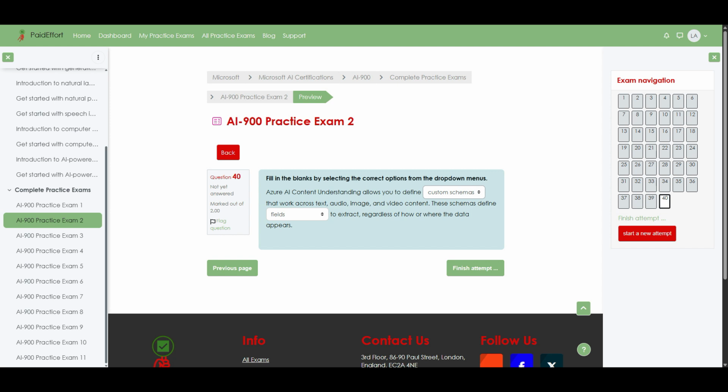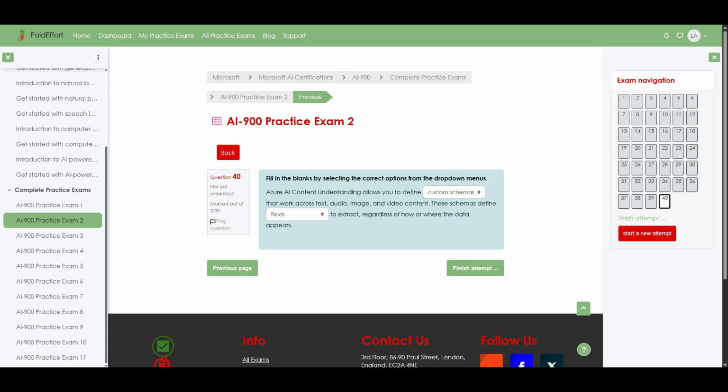Next, those schemas define fields. That is, the pieces of information you want to extract, like names, dates, actions, or locations. It doesn't matter whether the source is audio, video, or an image file. The system uses the same schema logic to locate and extract those values. Now, while things like tags, captions, and subtitles may be useful in media, they aren't what drives schema-based extraction.